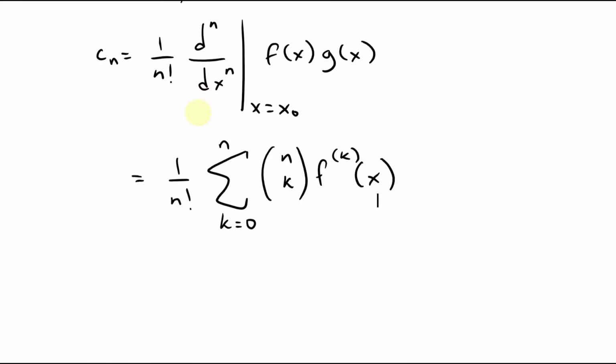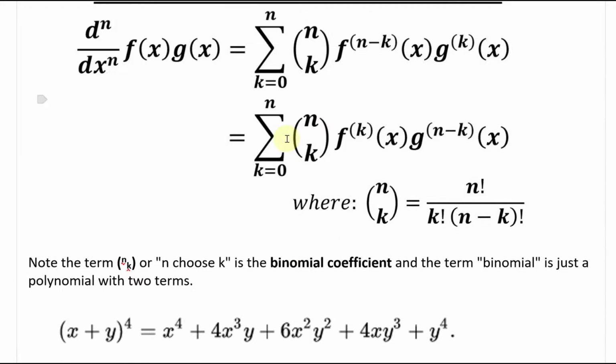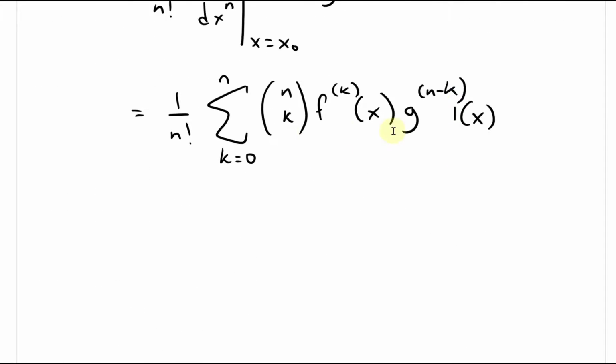And then the next one is going to be g, the n minus kth derivative of x. So that's the n minus kth derivative of g of x. And then let's just double check we got this all correct. So yes, this one right here, n choose k from k equals 0 to n, and then you have the kth derivative of f, times the n minus kth derivative of g. So yeah, this looks all right.